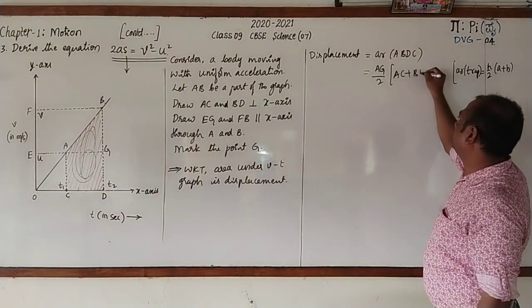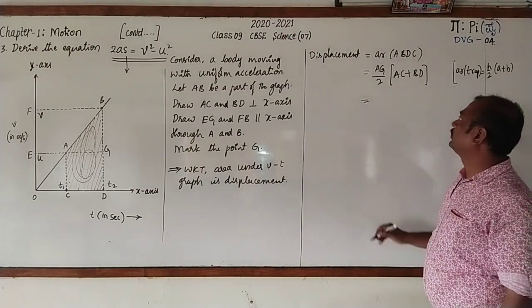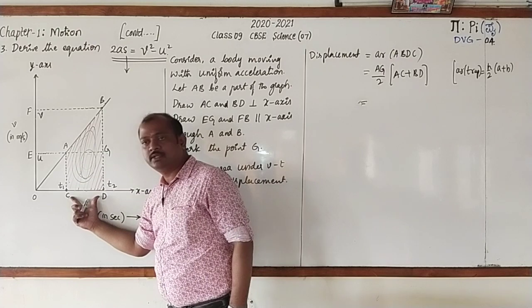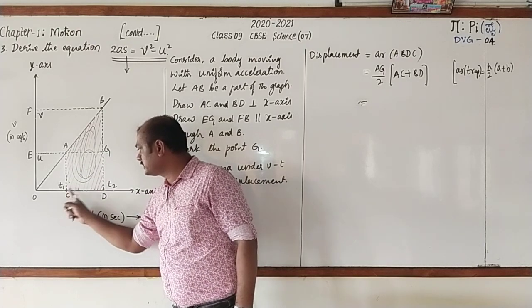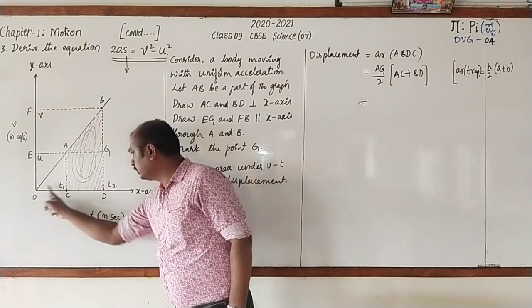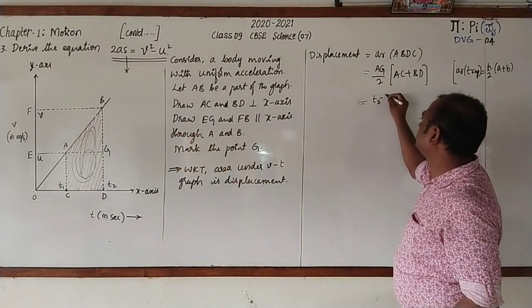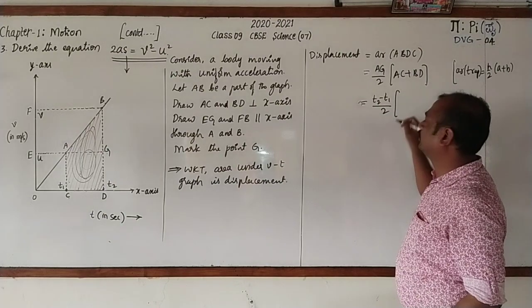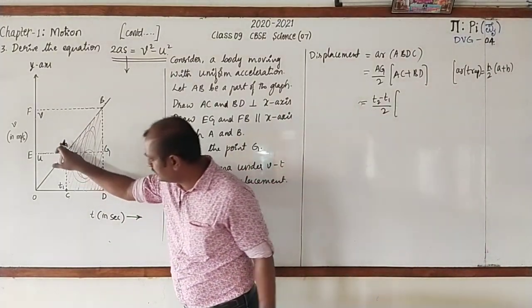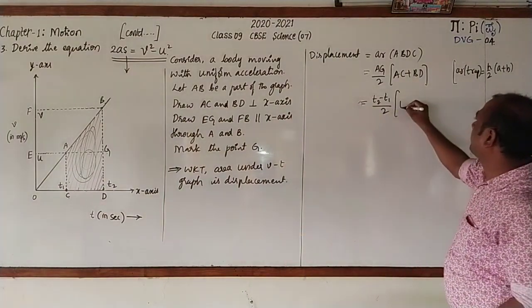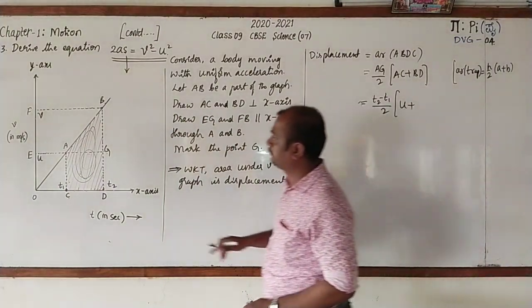Now this is equal to, then what is AG? AG is nothing but CD. What is from C to D? It is T2 minus T1. T2 minus T1 by 2. What about AC? AC, up to here, it is U, plus BD.